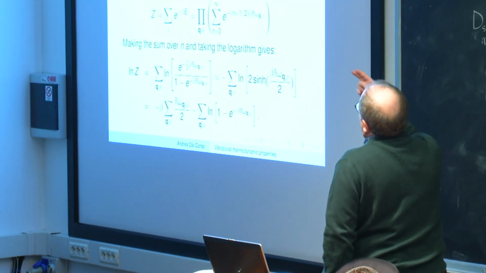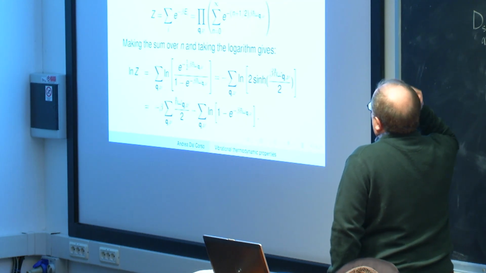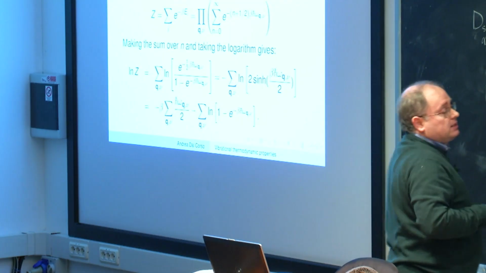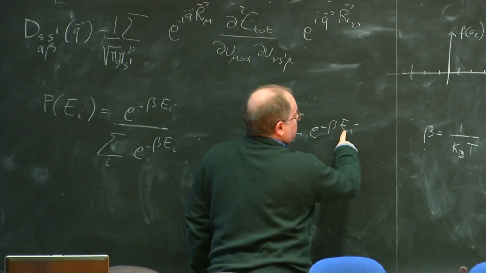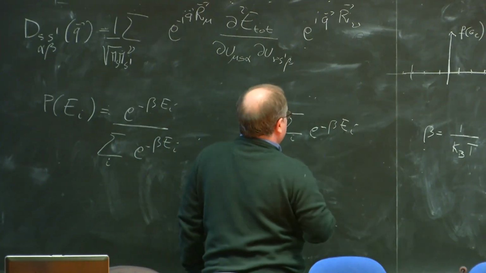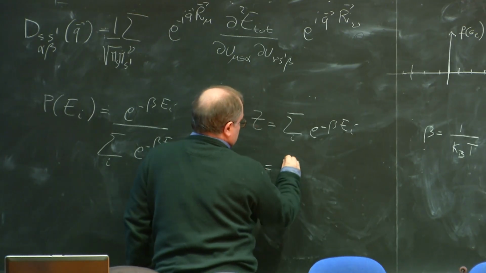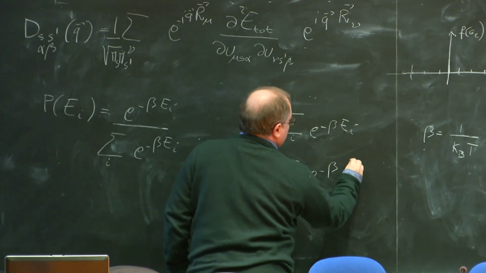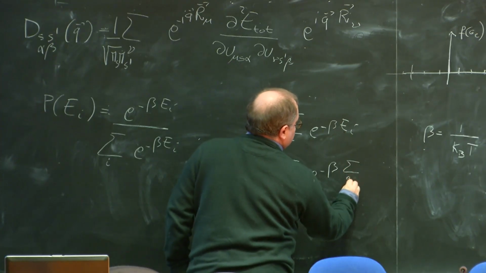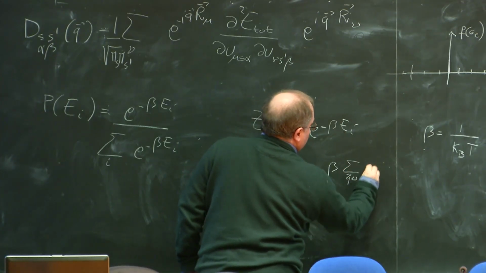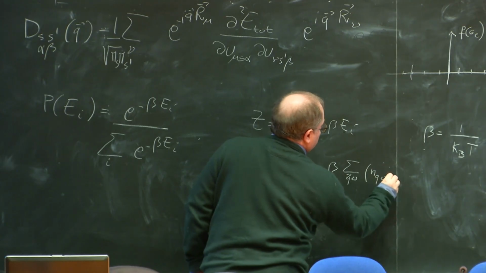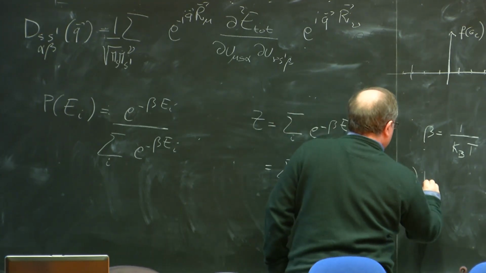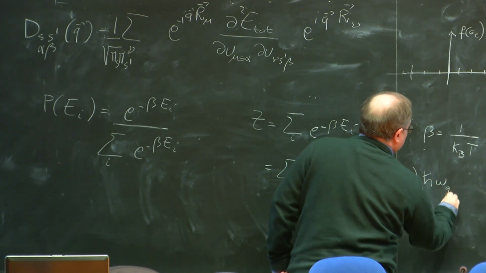So it is simple to calculate this partition function. What we have to do is simply to put here the expression of the energy: e to the minus beta, and here we have the sum over Q and ν of (n_Qν + 1/2) ħω_Qν.